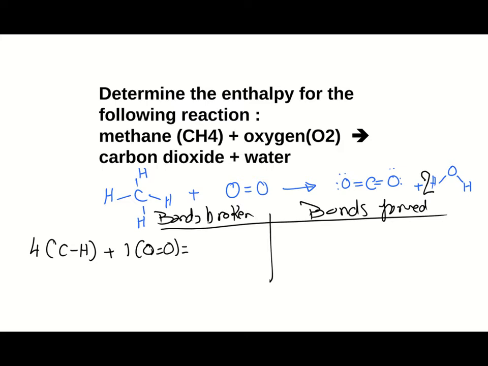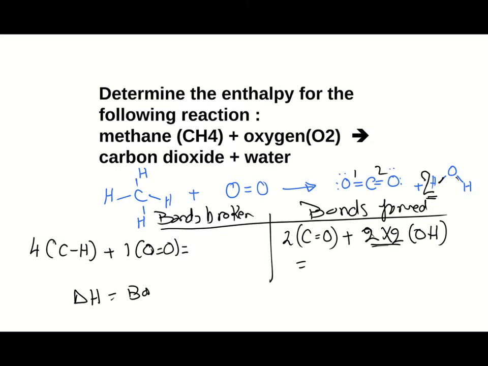For the bonds formed, we have 2 C double bond O plus 2 multiplied by 2, because I have here 2 O-H bonds, and because I have here 2, so we have 4 O-H. You will find the total bonds formed and then write the formula: delta H equals bonds broken minus bonds formed.